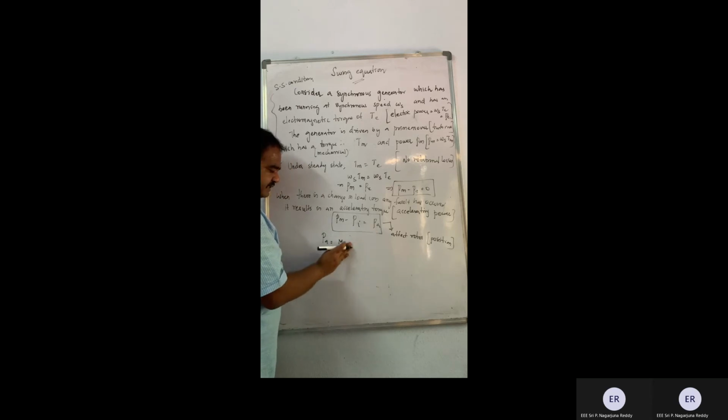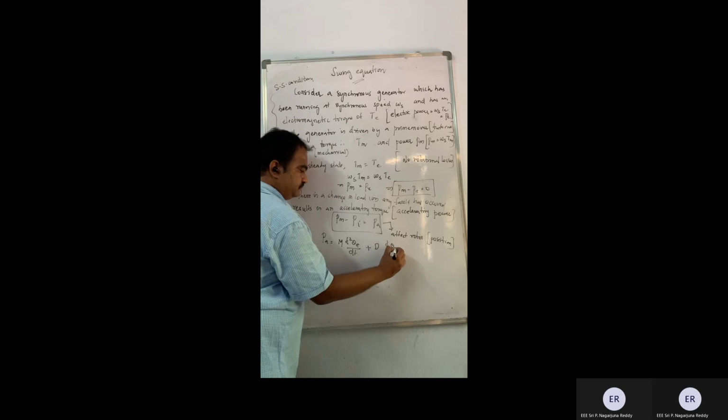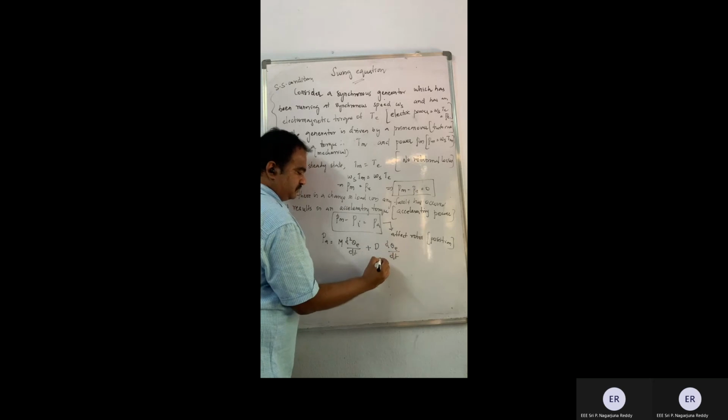So I can write it directly here: M into alpha, where alpha is the acceleration of the rotor. So what is the acceleration of the rotor? d square theta E by dt square. Apart from that, there may be some damping also, which will be there in the system. This is called the damping coefficient.